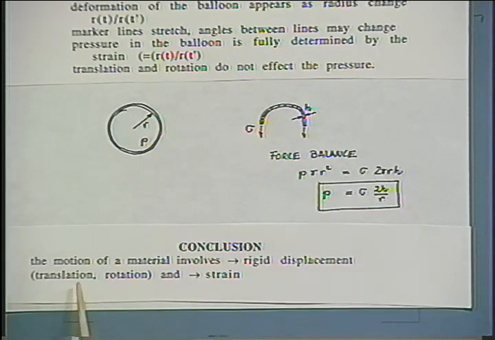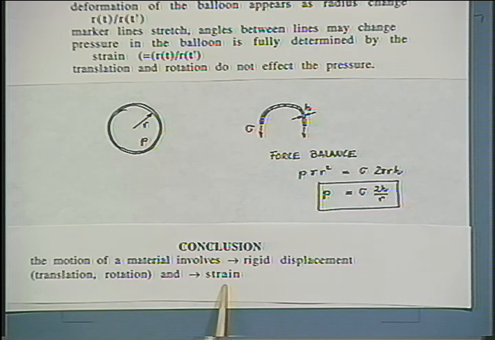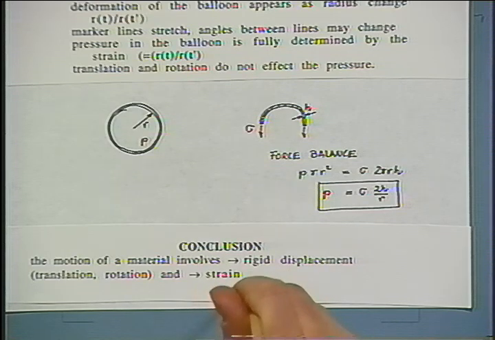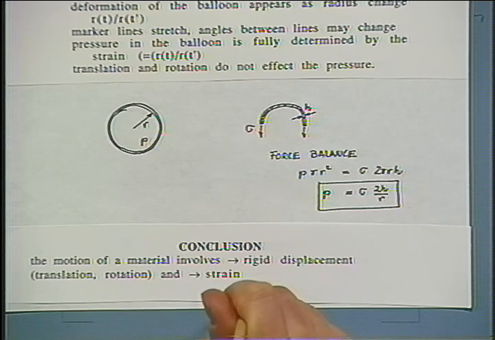The balloon is translated and rotated, and it involves a strain, the increase in size of that balloon. And only the strain is giving rise to stress in the system, not the translation and not the rotation.